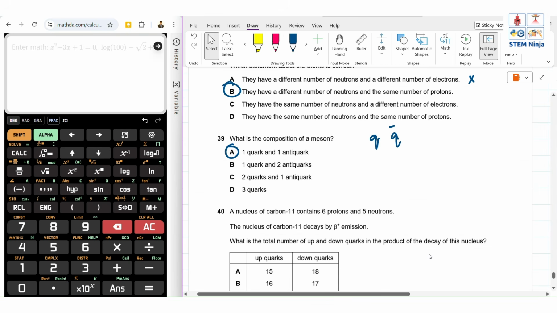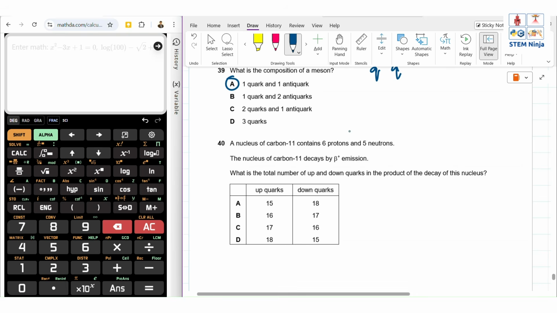A nucleus of carbon-11 contains 6 protons and 5 neutrons. The nucleus of carbon-11 decays by beta plus emission. What is the total number of up and down quarks in the product of the decay of this nucleus? Okay.